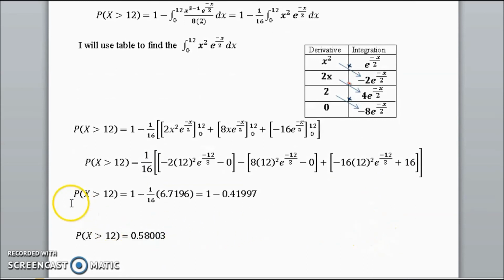Then the probability of x greater than 12 equals 1 minus 1 over 16 times 6.7196, then equals 1 minus 0.41997. Then the probability of x greater than 12 equals 0.58003.